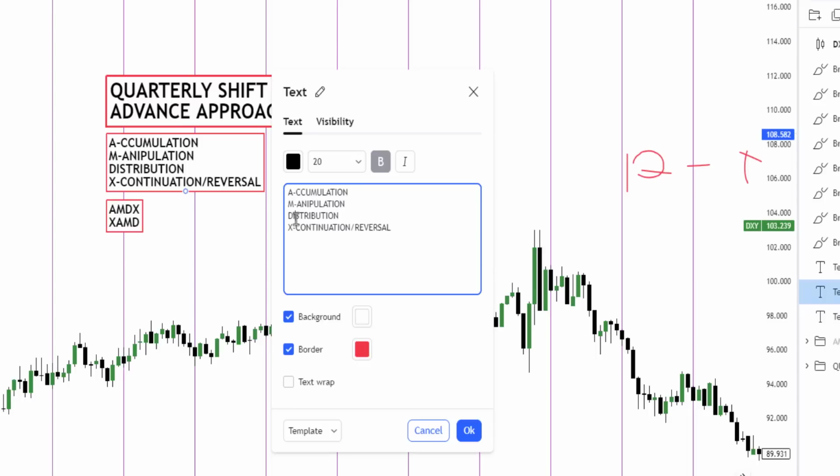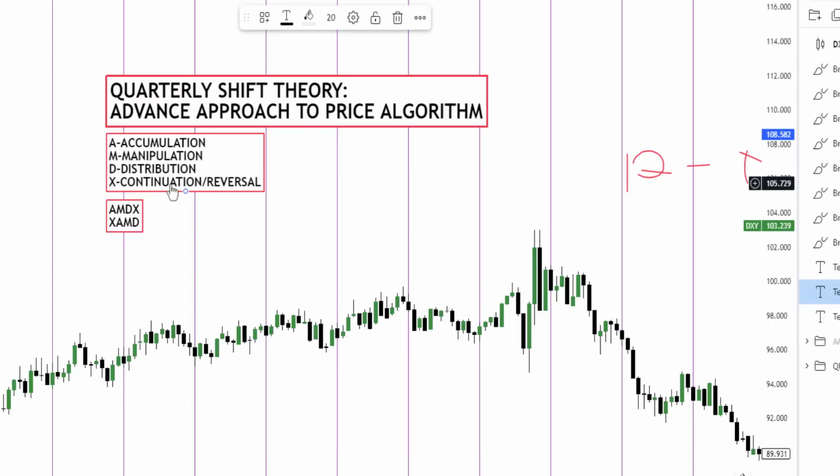You will see price accumulating and then distributing, and you either see a continuation or a reversal. That is what price does on a typical chart. So this simple concept works in that similitude. You have accumulation, manipulation, distribution, and then continuation or reversal after every three months in a year.